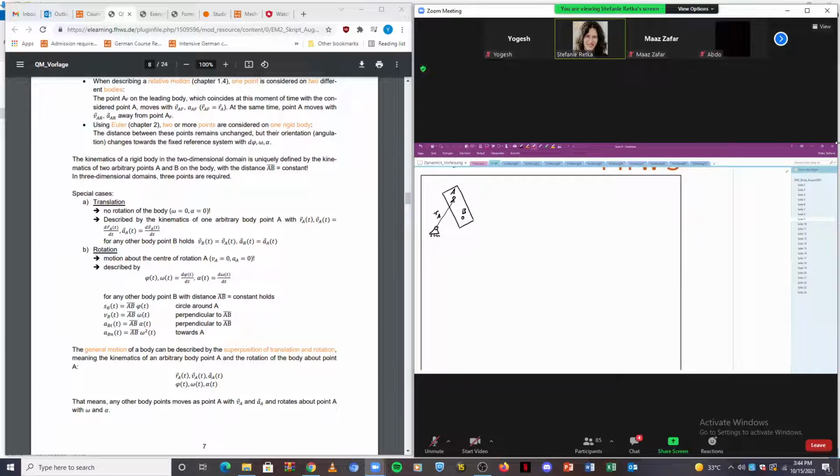will use red again for absolute motion. You have the color coding. And then we do the vector addition, the superposition of translation plus rotation.